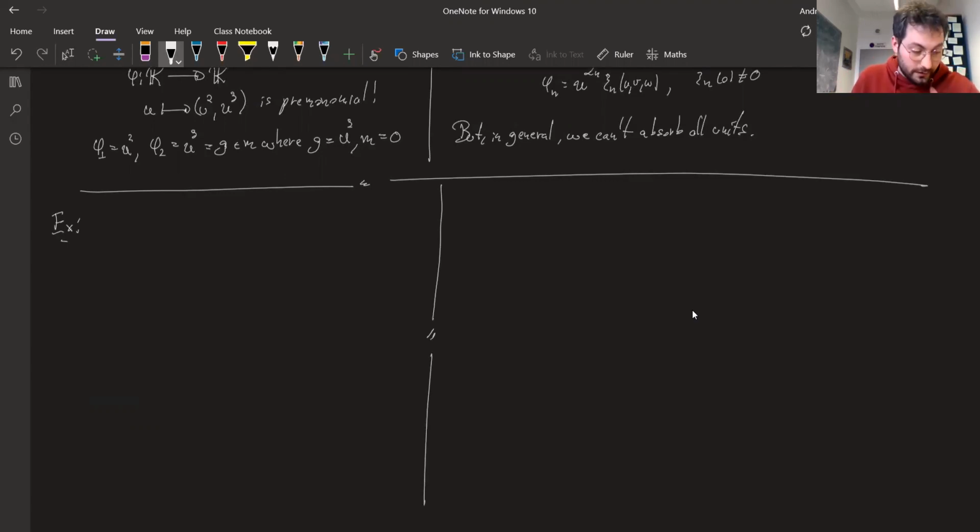So let's consider the morphism here from C3 to C3, or R3 to R3, it doesn't matter. Let's say that we take x1, which is this phi 1, equal to u to the power 3. The second entry is going to be u to the power 3 times (1 plus u v1 plus v2 squared).